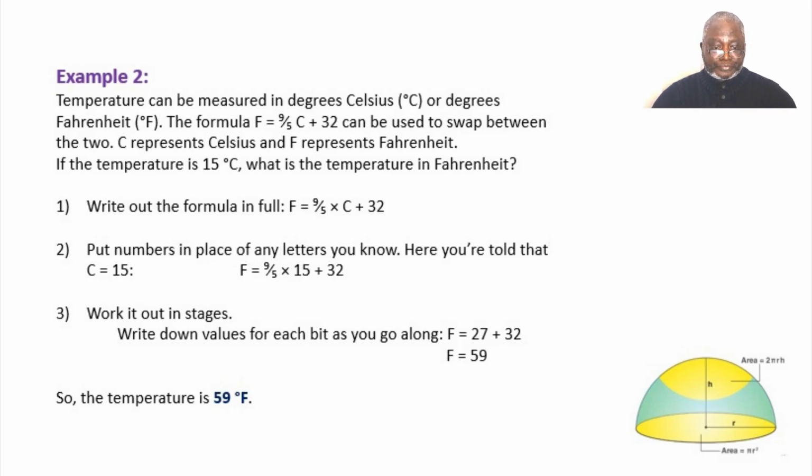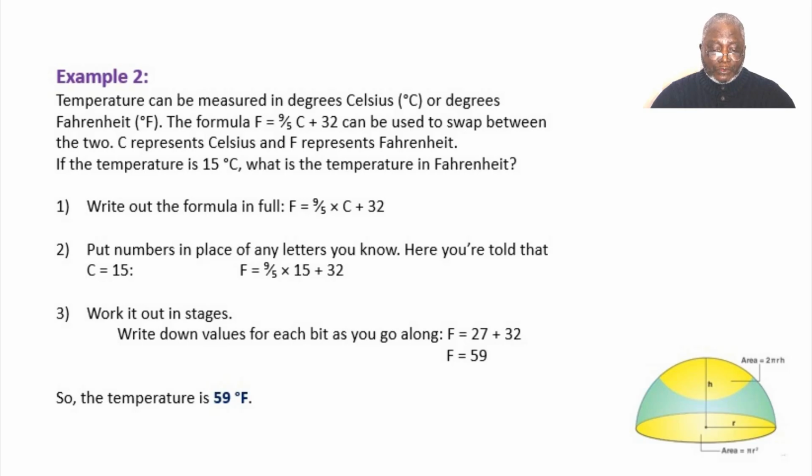So first, write out the formula in full. F is equal to 9 over 5 times Celsius plus 32. The number of Celsius is 15. So put numbers in place of any letters you know. Here you're told that C is equal to 15.